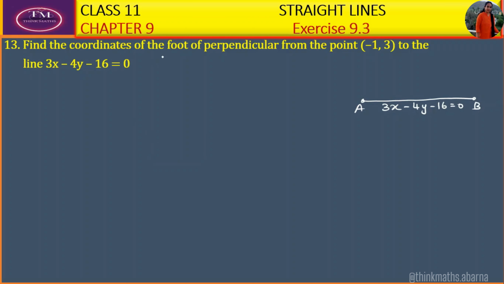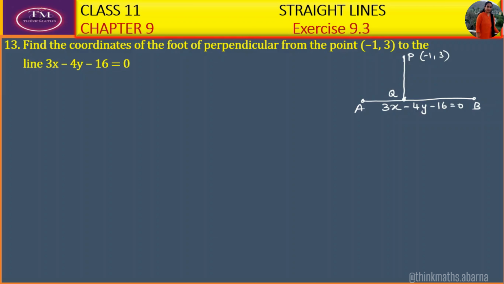From the point minus 1 comma 3, let us keep it as P, we have the perpendicular. This perpendicular meets AB at Q. So this Q is the foot of the perpendicular from the point minus 1 comma 3. We have to find out this point Q.